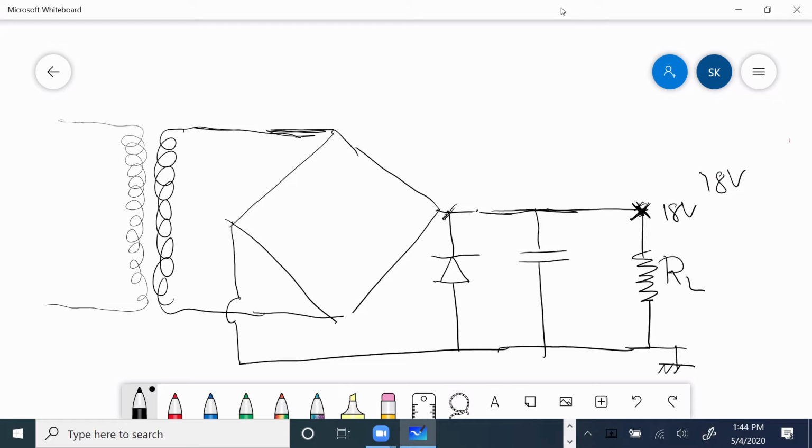I need to have 18 volt there. So based on that, I can go back and decide what this transformer needs to be.